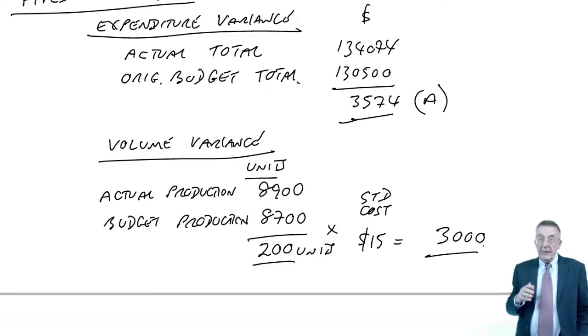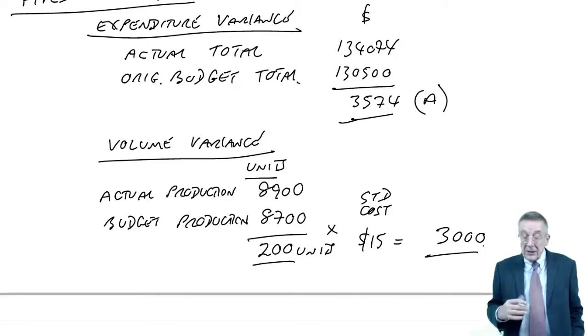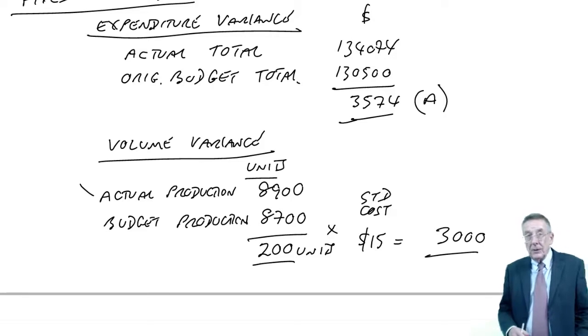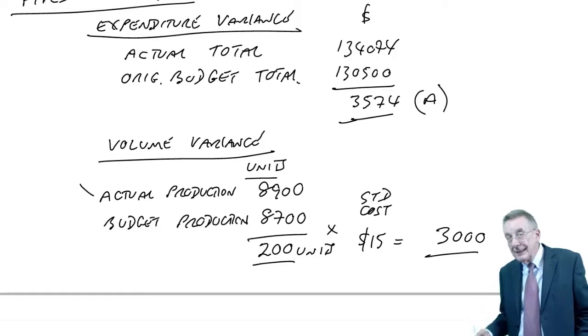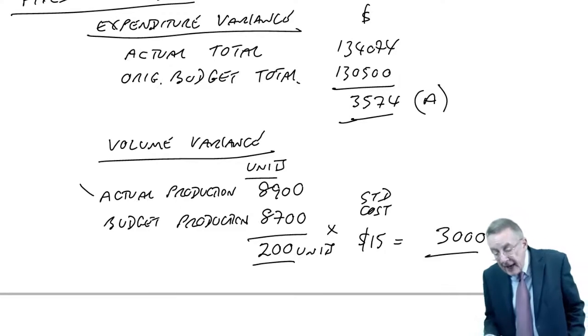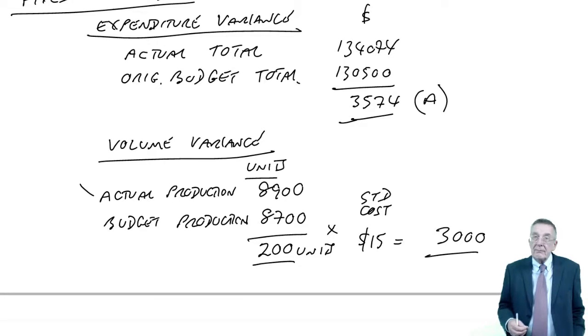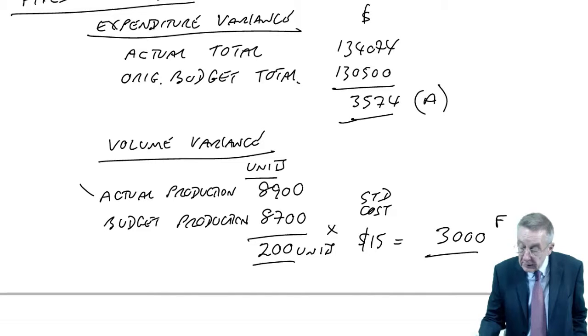Well, the real way of deciding, what's technically happened, is that because we produced more, we've put in more 15s than we should have done. And if the extra $15 weren't there, it would mean lower total cost, it would mean more profit. It is favourable.